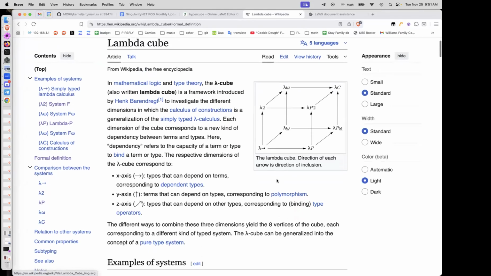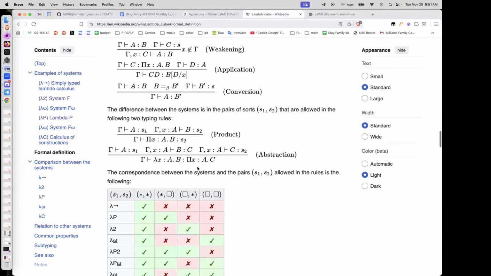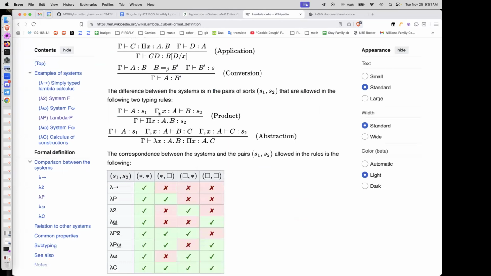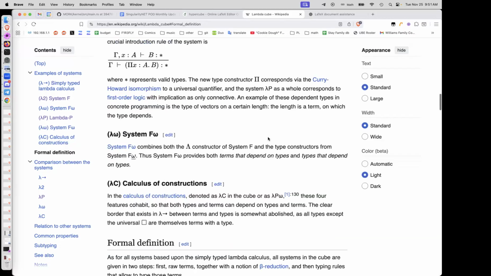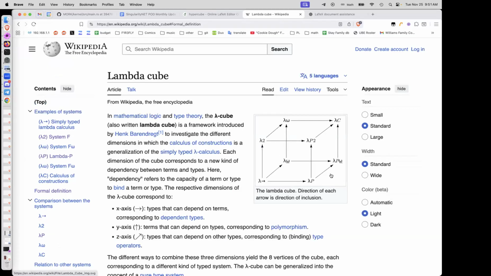These three axes come from two different choices of S1 and S2, and two different choices, star or box, and one of them is already accounted for, so that's 2 squared minus 1 is 3 axes. When we get to the com rule, there are 2 to the third minus 1 is 7 axes, so we get a 7-dimensional hypercube rather than a 3-dimensional cube of calculi.